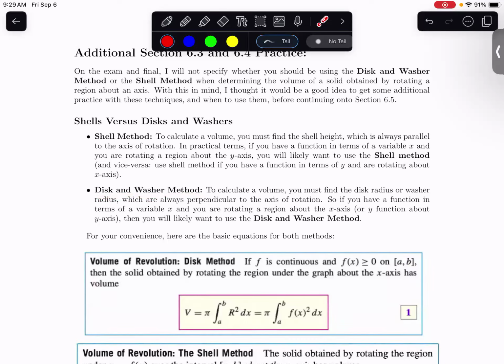One way of thinking about this is whether the cross section is perpendicular or parallel to the axis of rotation. So for instance, if you have a curve like this, and this is your cross section, and you're rotating about a vertical axis, like the y-axis, the cross section and the axis of rotation are parallel with one another.